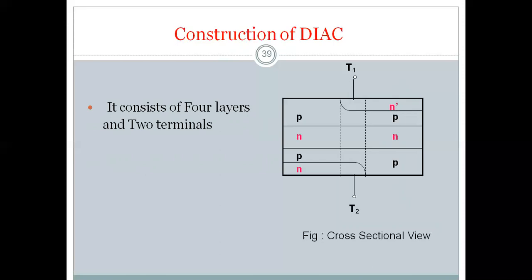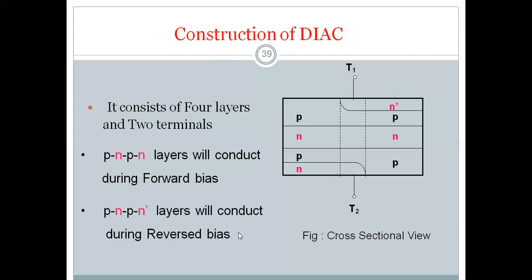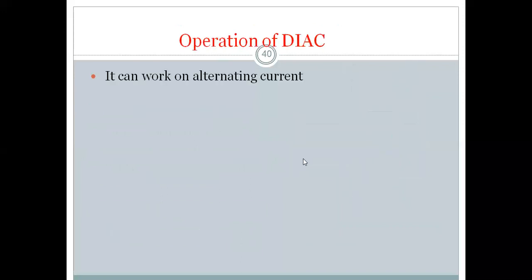It consists of 4 layers and 2 terminals. PNPN layers will conduct during forward bias, PNPN dash layers will conduct during reverse bias. It can work on alternating current.